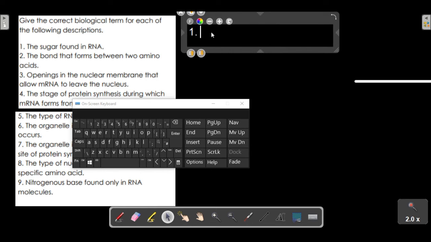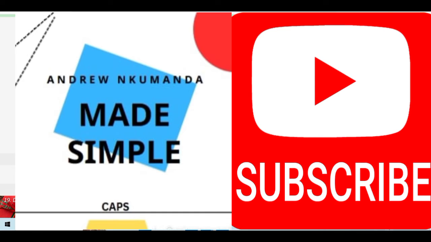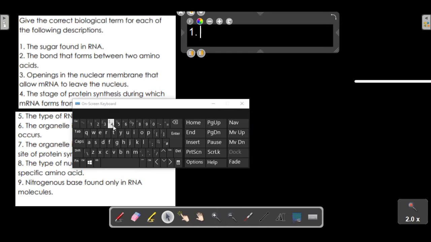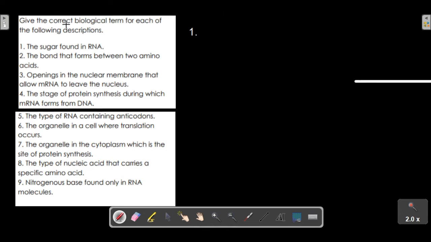This is one of the easiest, especially if you know that you study most of the time. So let's go. Give the biological term for each of the following descriptions.